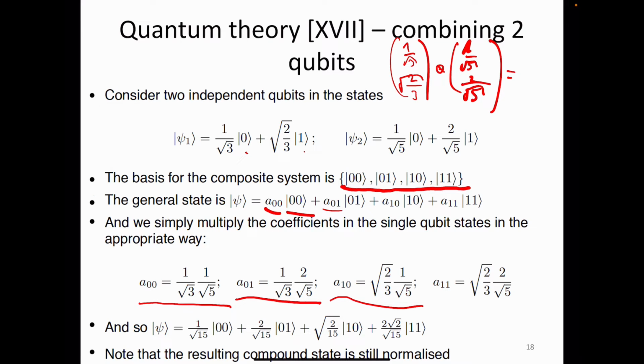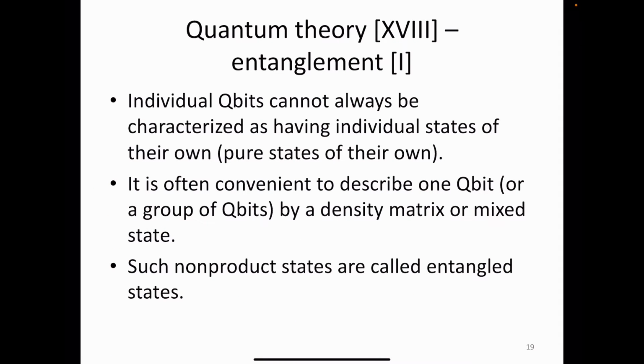And my a sub 11 is given by the square root of 2/3 times 2 over the square root of 5. And if we execute that, we get that new compound state, which is still normalized. That's very important. If the two single qubit states are normalized, then the tensor product of these will also result in a normalized state.